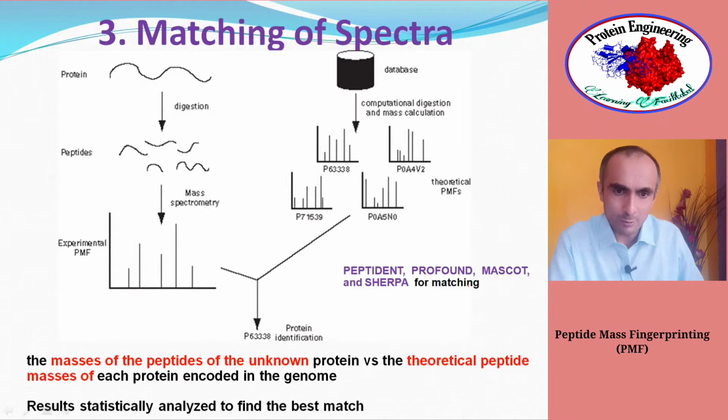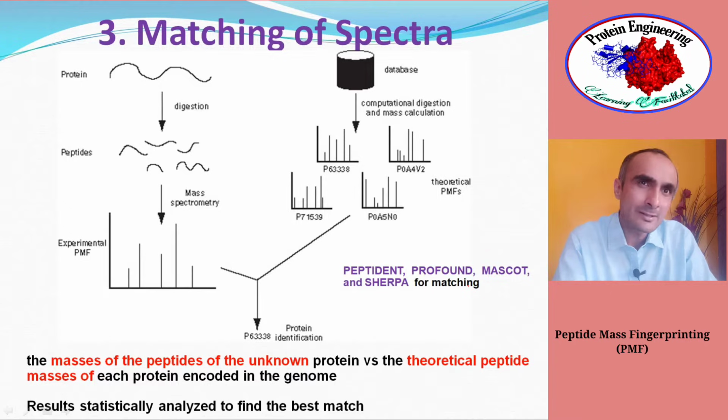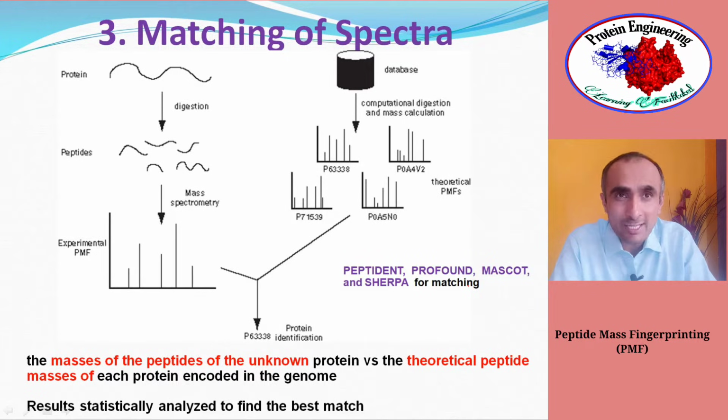So once you have both theoretical and experimental spectra available, the experimental spectra made experimentally using a mass spectrometer and the theoretical in silico, the third step is matching. The experimental spectra is matched with the theoretical spectra.